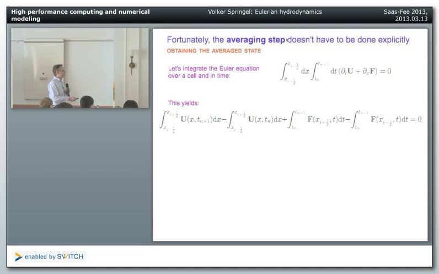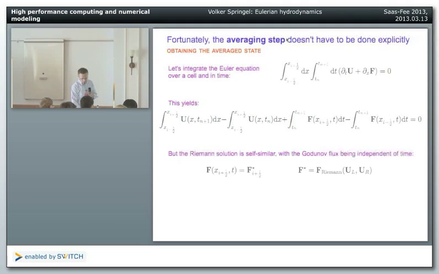More problematic seem to be these terms, because they say I need to integrate the flux over the time interval of my time step. That seems hard, but remember what I just said: the solution of the Riemann problem is self-similar in time. So the flux is time independent. The flux at every interface is time independent and is given by the Riemann flux.